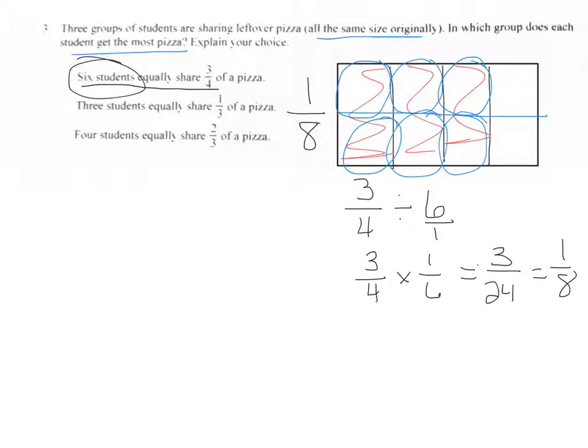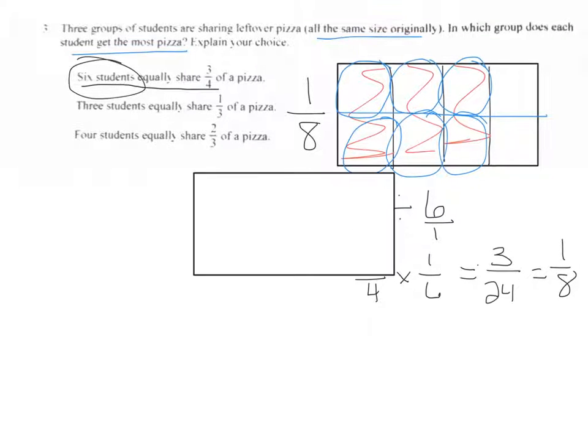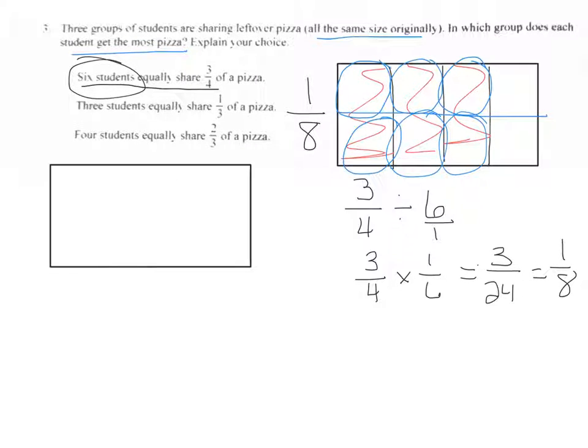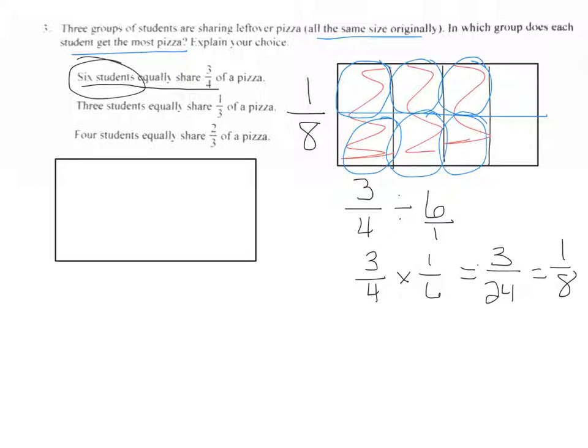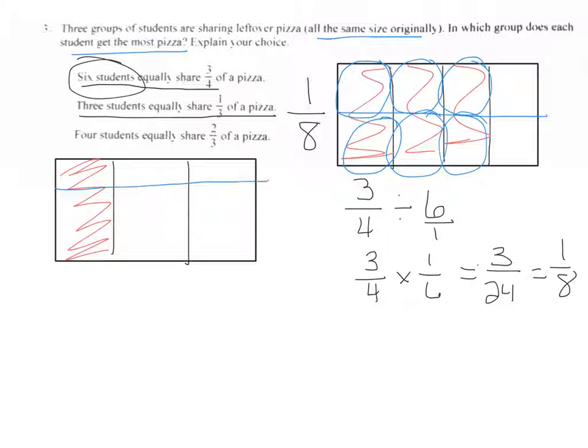Okay, now we have the next problem. So I made another pizza. This time the 3 students are equally sharing 1/3 of the pizza. So this time I'm going to break the pizza into thirds, but they only have 1 of the 3. And then I see that I need 3 slices to share. So I'm going to cut this into 3 slices. And notice I'm cutting the entire pizza. So, now if I'm thinking for each student, this would be what 1 student gets.